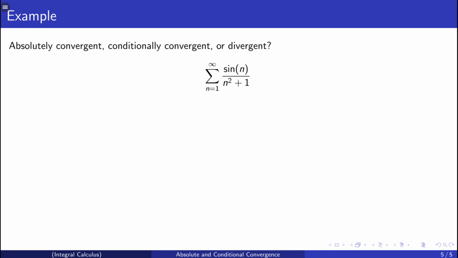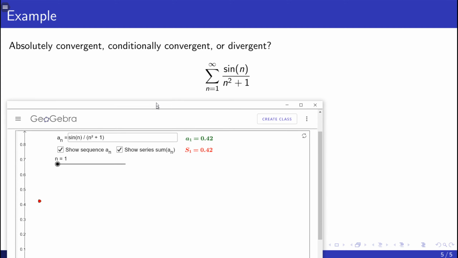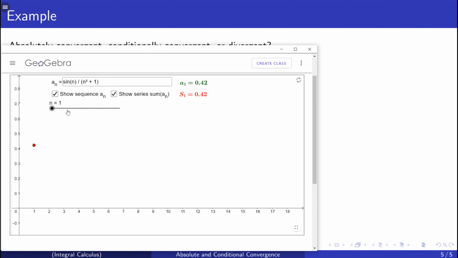And I just want to note here that this is not an alternating series. It's sine of n over n squared plus 1. It's not alternating because if you look at the terms down here, these green triangles, this is positive, now it's negative, still negative, now it's positive.